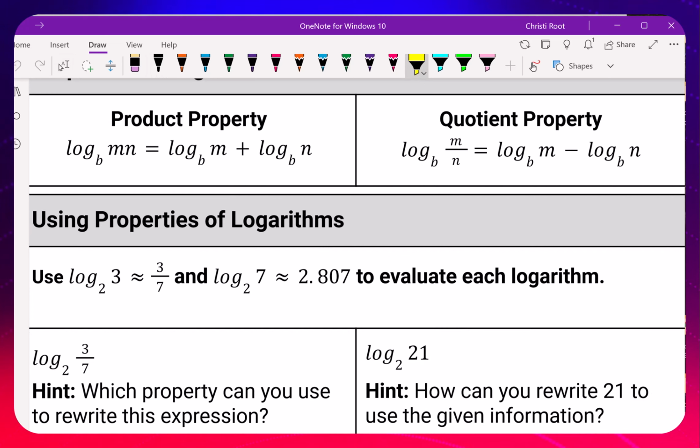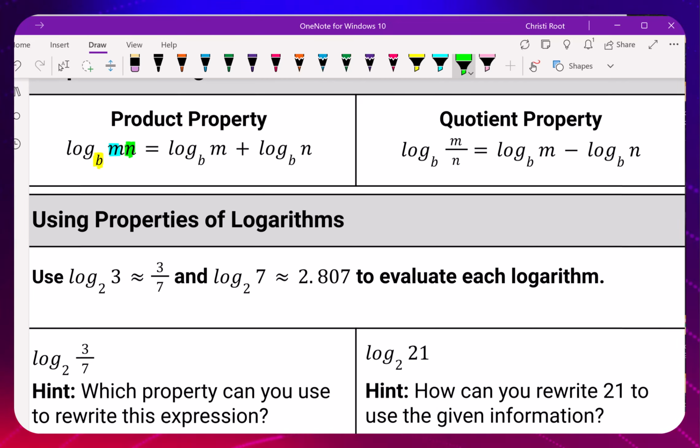So if you look, you have a logarithm with base b. And right here we have a product of m times n. Sometimes you get stuck when you are trying to solve something and you need to separate the m and the n.